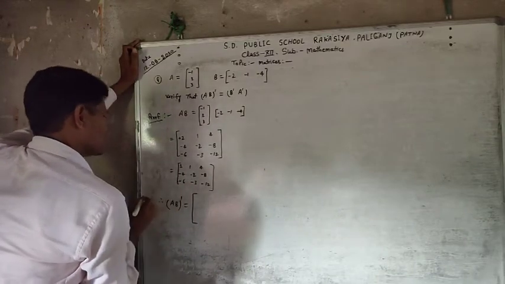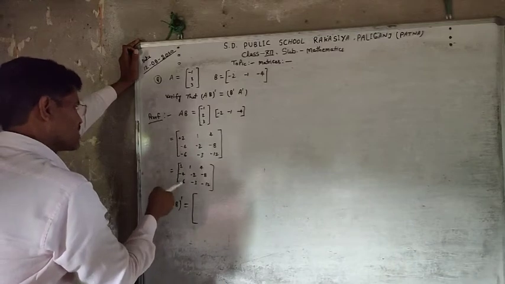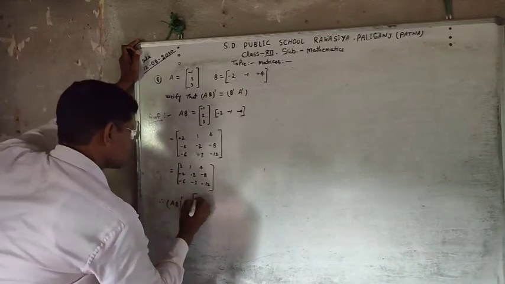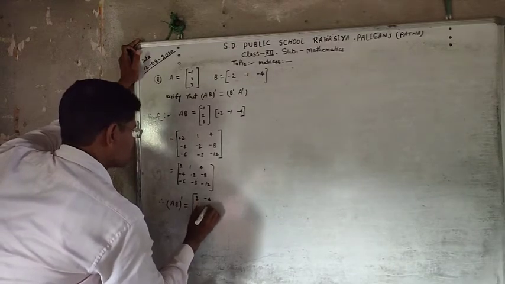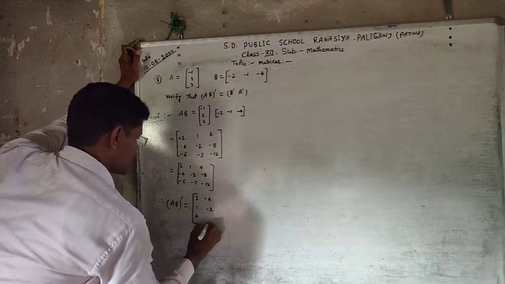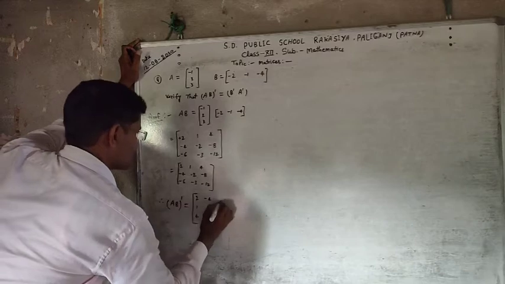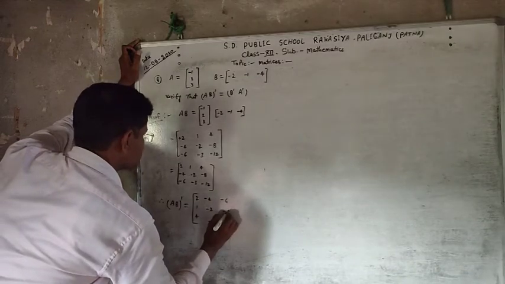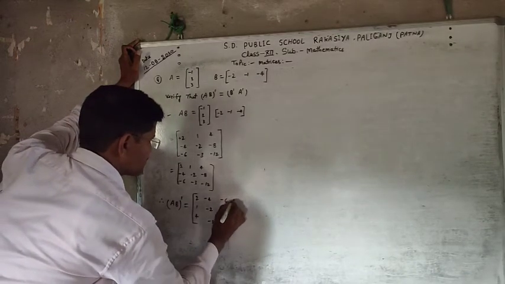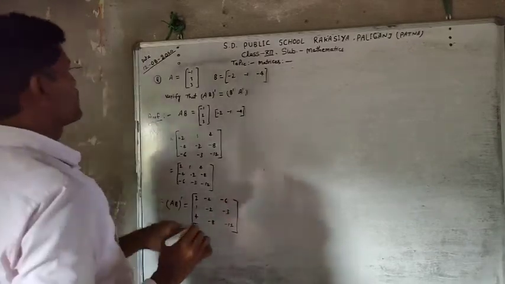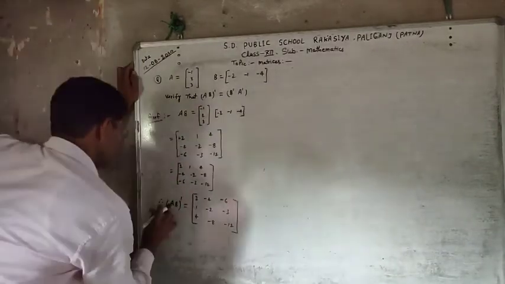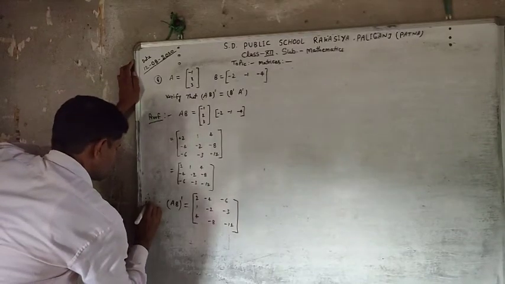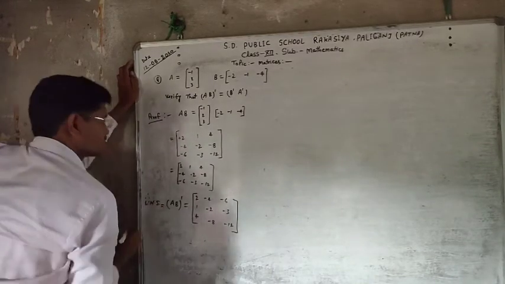After interchanging the rows and columns of AB, we get 2, 1, 4; minus 4, minus 2, minus 8; and minus 6, minus 3, minus 12. This is our LHS. Now for the RHS, we have to multiply.